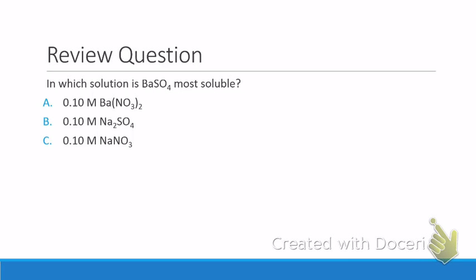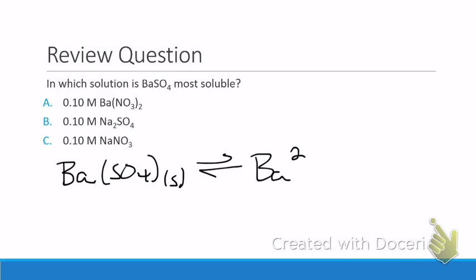So we know that our equilibrium for barium sulfate is going to be barium sulfate solid dissolves to form Ba2+ and SO4 2-.